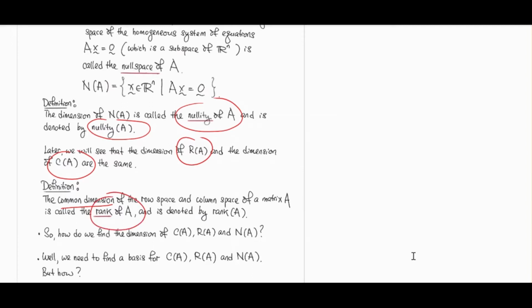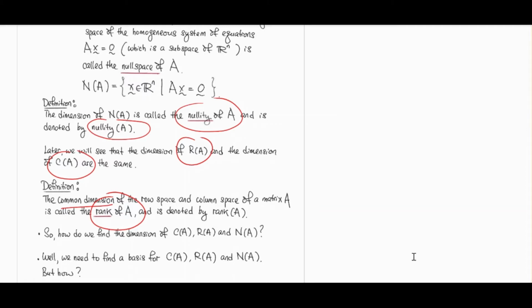These two numbers are going to be the same. It's not obvious now why this is the case, but we will see it pretty soon in this video, where we'll show that the dimensions of the row space of A and the column space of A are indeed the same.